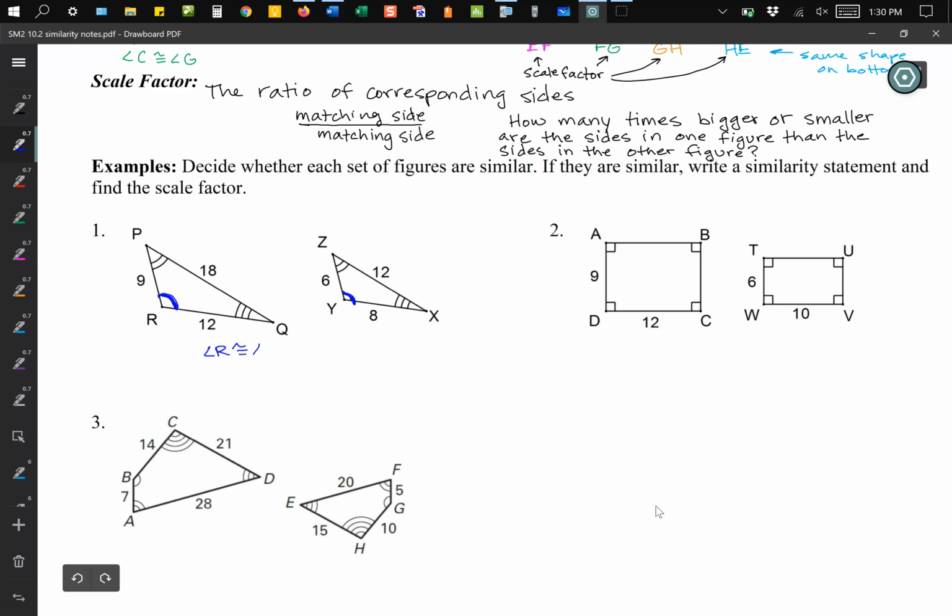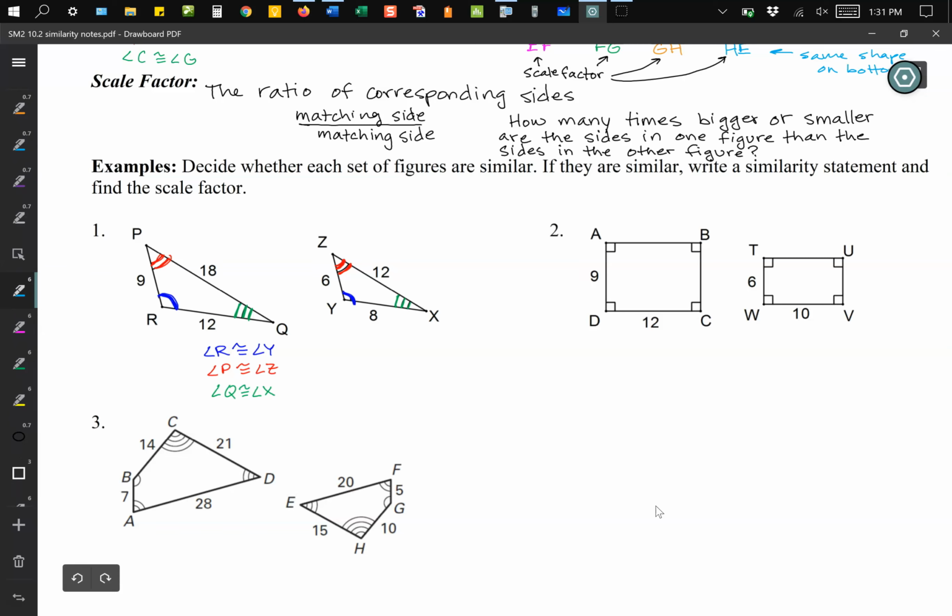Angle P is congruent to angle Z. And I have angle Q is congruent to angle X. So that's good, but I also need to test the sides.